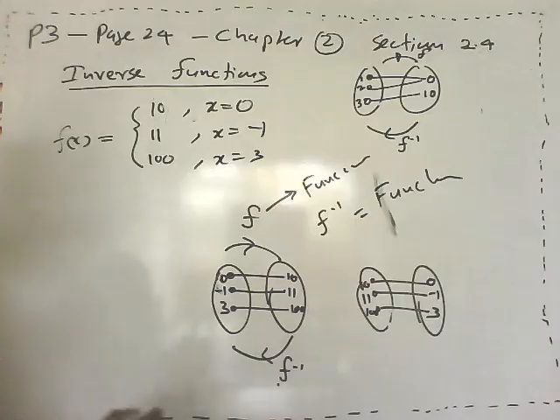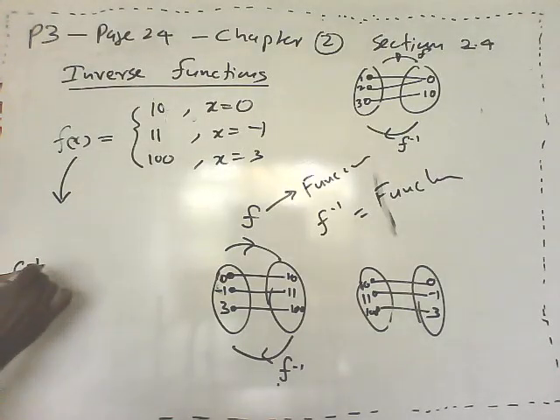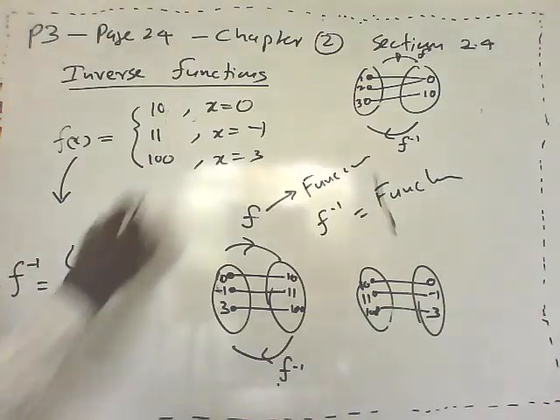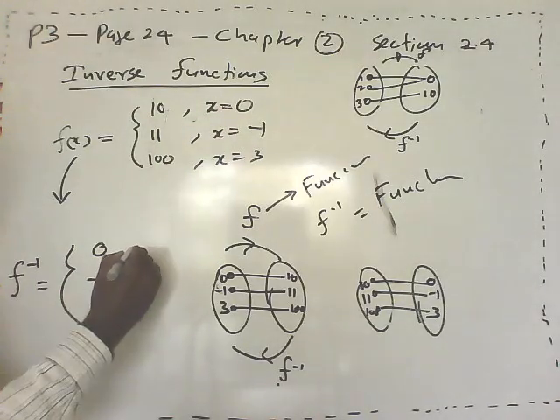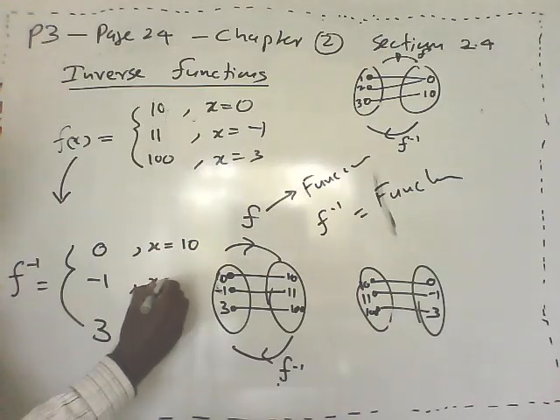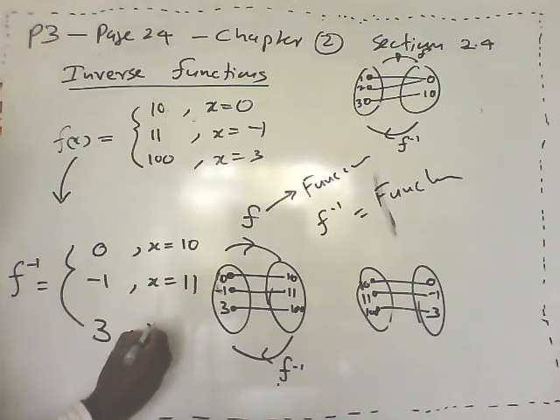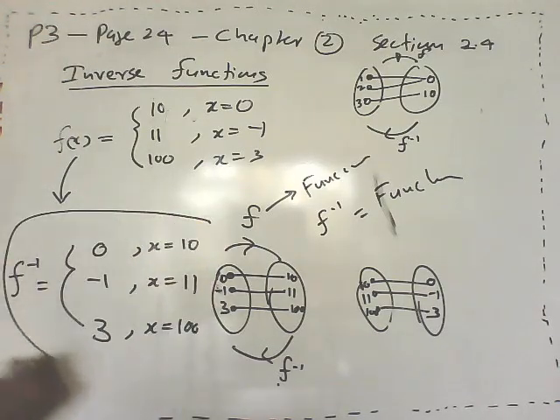So the inverse function is the other way around: 10 maps to 0, 11 maps to -1, and 100 maps to 3. This is the inverse function.